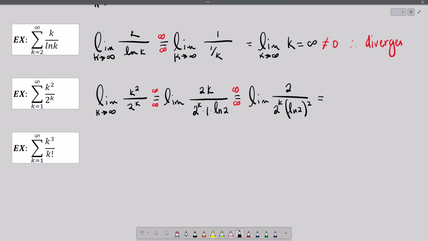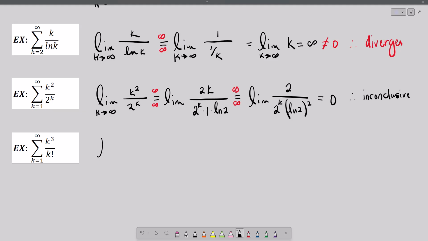That limit will be 0. So therefore, this test is inconclusive. So this means pick another test. So if the limit is 0, just like the harmonic series, dig deeper. If the limit is not 0, conclude divergence.